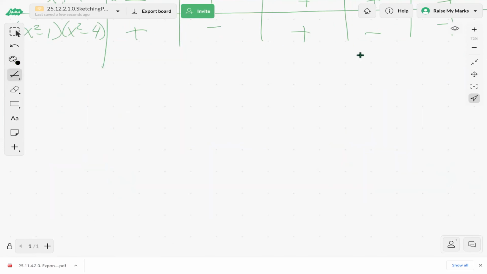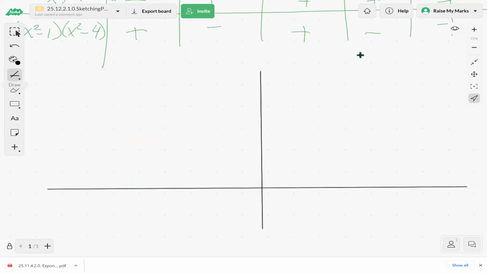Okay, so let's draw our axes. Let's put in some of our points of interest. Let's mark off some points on our axes. Good, and label our axes x and y.